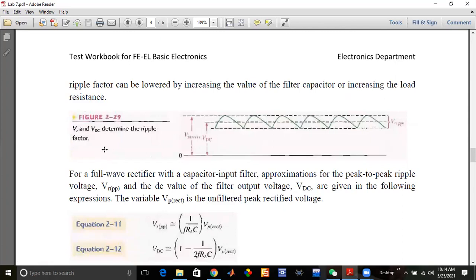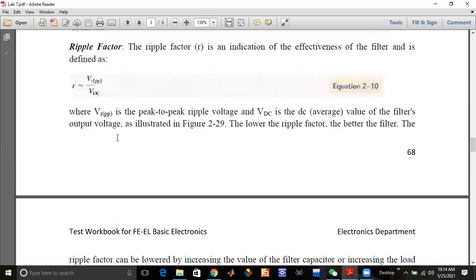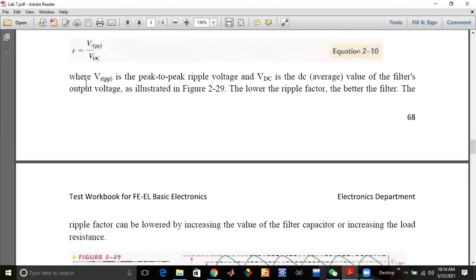We will not use this in our practical simulation, but this is your theory of electronics. So how will you calculate the ripple factor? The ripple factor can be calculated by VRPP divided by VDC. VRPP is the peak to peak voltage, and VDC is the average voltage. So how do we calculate this and this?